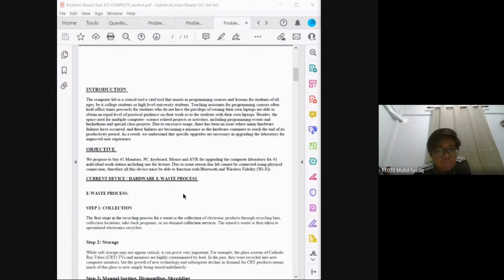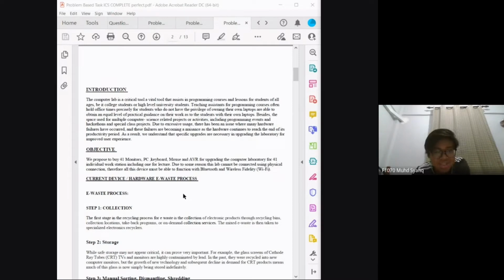Teaching assistants for programming courses often hold office hours precisely so that students who do not have the privilege of owning their own laptops are able to obtain an equal level of practical guidance on their work as the students with their own laptops. Besides, the space is used for multiple computer science related projects or activities, including programming events, hackathons and special class projects.